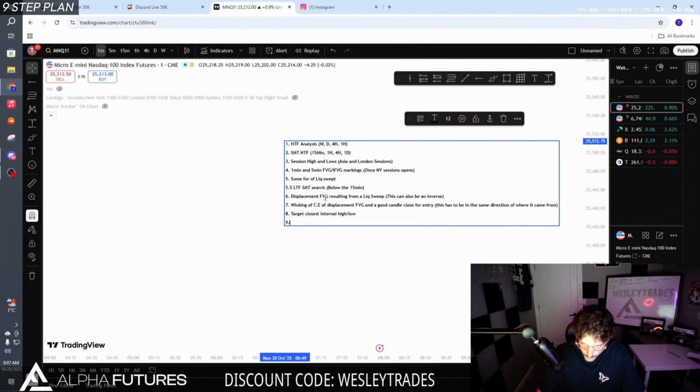Stops below / above fair value gap, depending on which direction you're trading.